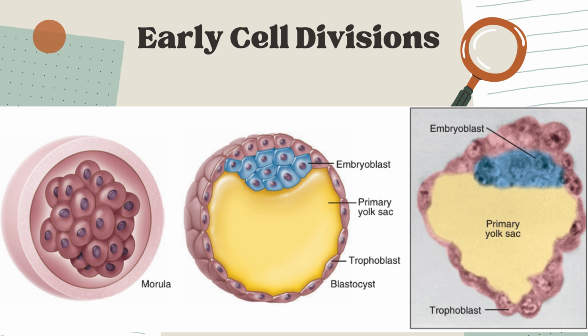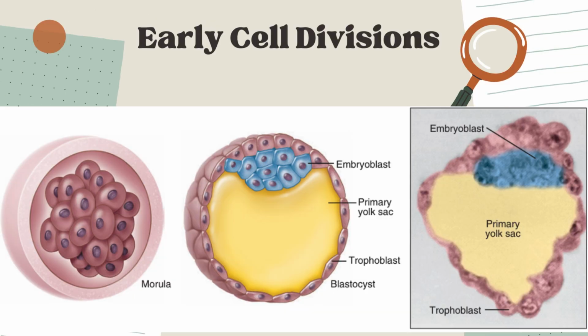As fluid begins to enter the cell mass, a cavity develops, transforming the morula into a blastocyst. This blastocyst stage is crucial because the embryo now has distinct cell populations that will carry out different developmental roles.